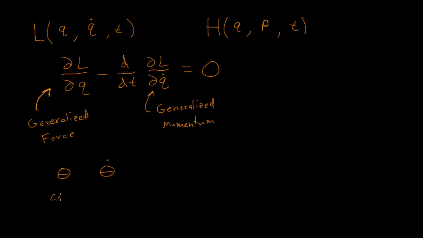So this is our coordinate, and then this is our velocity or speed, since it's only one variable. And then our generalized momentum, right? If we just said generalized momentum is just the mass times this generalized velocity, we would just write that our generalized momentum is m theta dot.